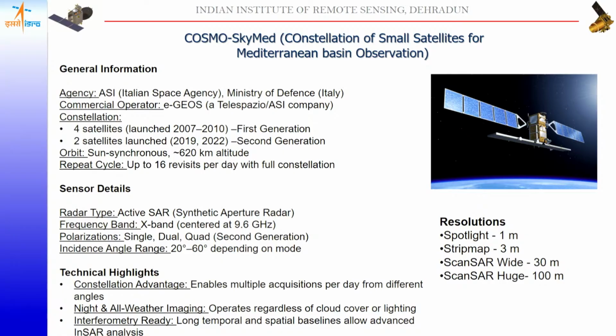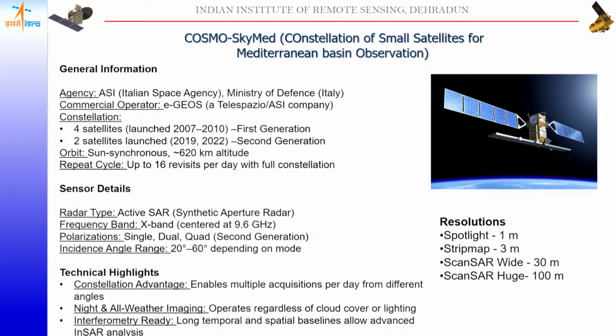Normally for SAR antennas and for civilian applications, everything is in a systematic manner. So we have the sun synchronous orbit for the systematic coverage of every scene. Here the altitude is around 620 kilometers.